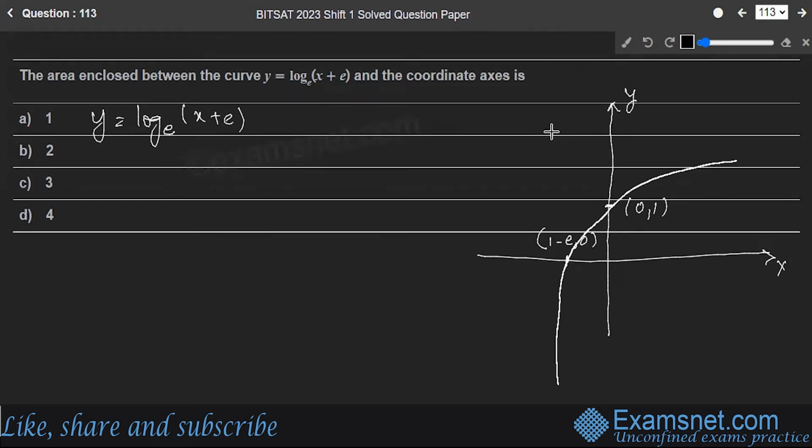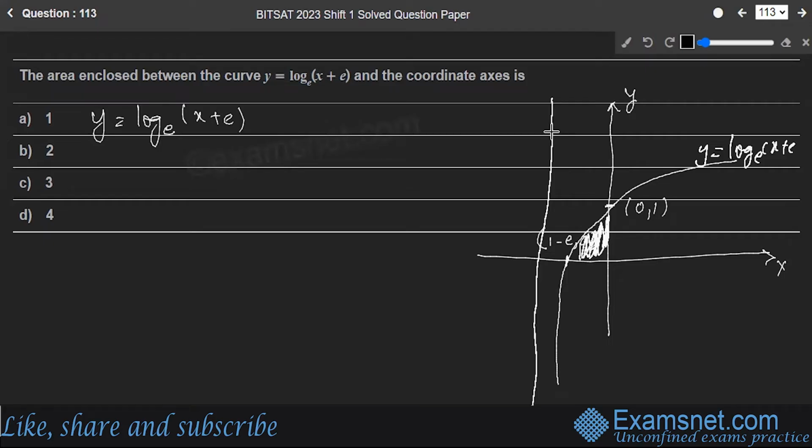Okay. So this is the line. This is the curved portion area that you need to find out. This is your y is equal to log to the base e of (x plus e).